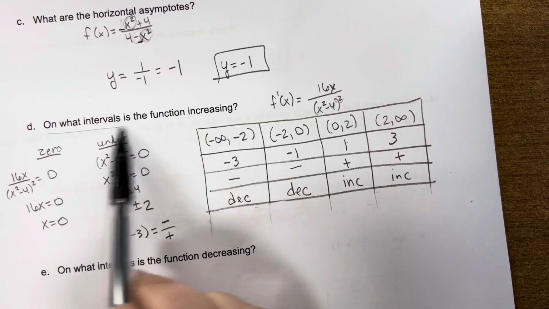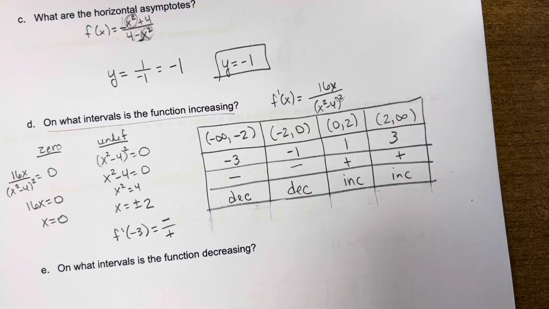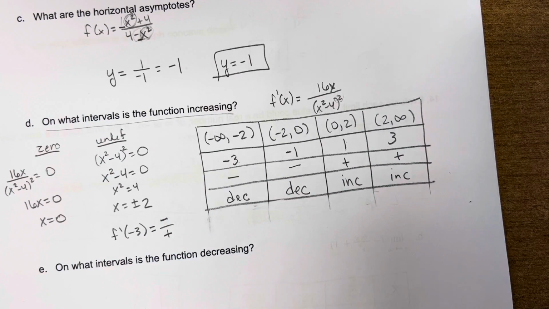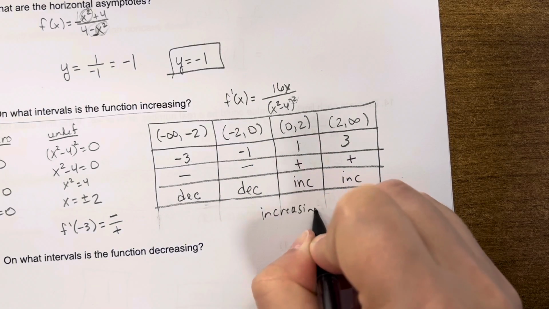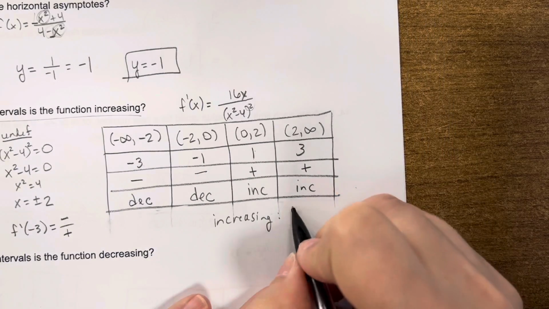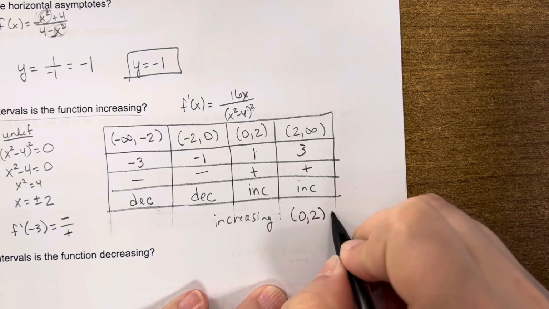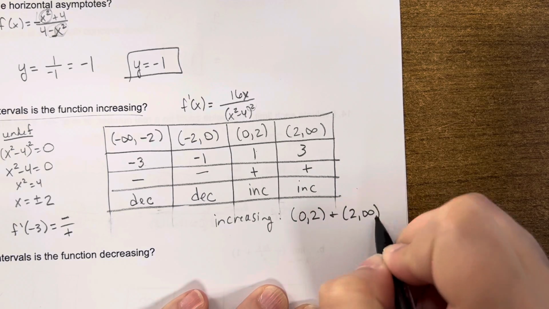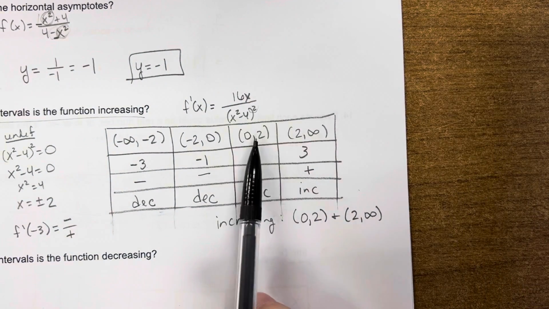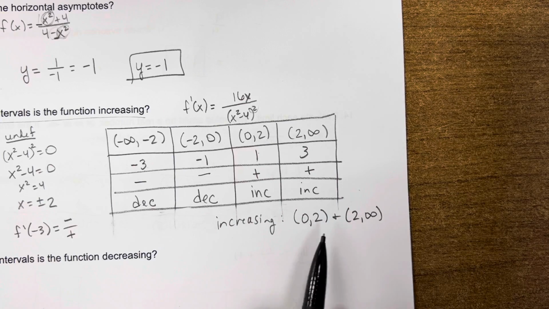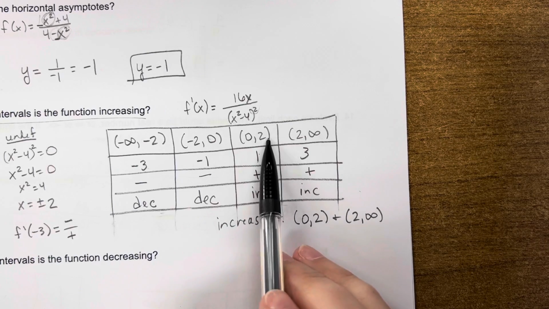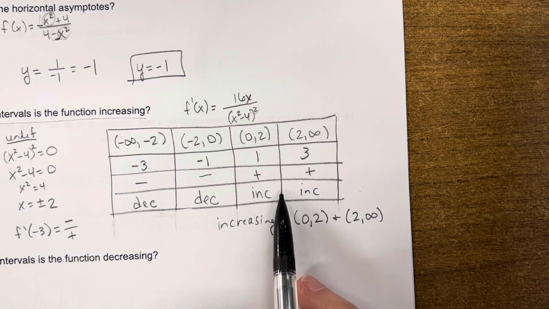So they want to know, on what intervals is the function increasing? It's not okay just to show me this table. You have to say that it is increasing on these intervals. So from 0 up to 2 and from 2 up to infinity. Please do not list it as just 0 up to infinity if they're side by side like this, because at 2 it's not actually increasing, right?